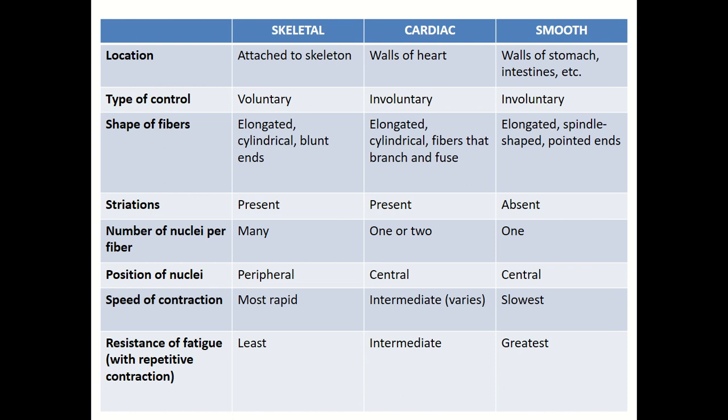So the position of the nuclei is peripheral for skeletal fiber, meanwhile central for cardiac and smooth muscle tissue fiber. And for the speed of contraction, the most rapid one is skeletal, the slowest one is smooth. However, smooth muscle tissue has the greatest resistance to fatigue, and the least is skeletal muscle tissue.